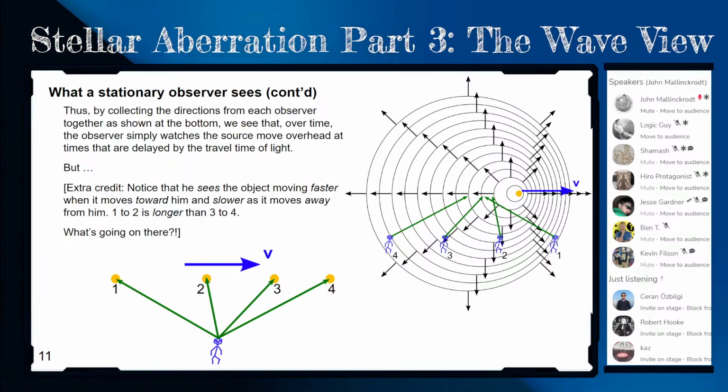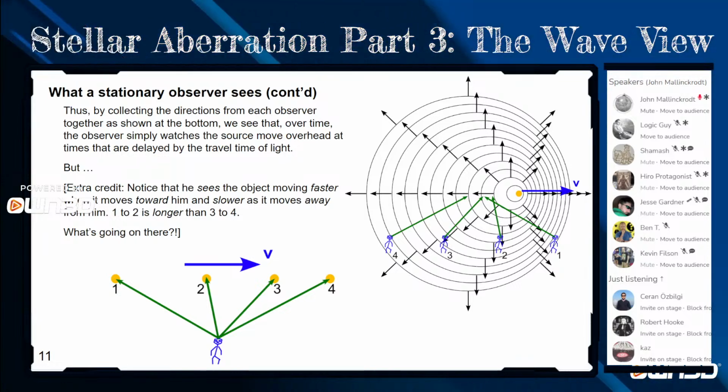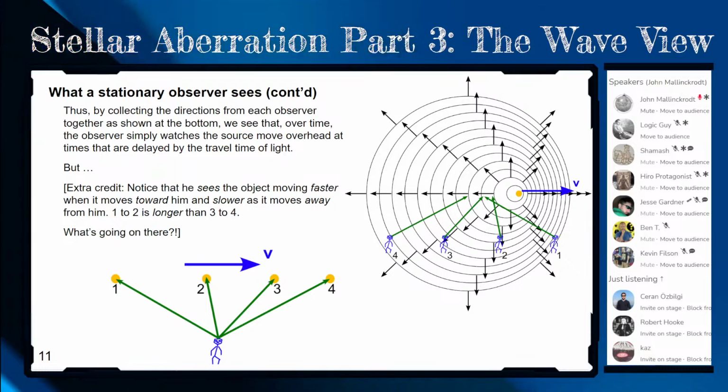At your end, you see all that light and the spaceship itself get to you in a very short amount of time, so it looks like the spaceship is traveling much faster than it really is. Whereas the exact opposite happens when it moves in the other direction.